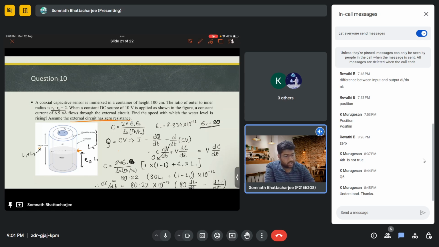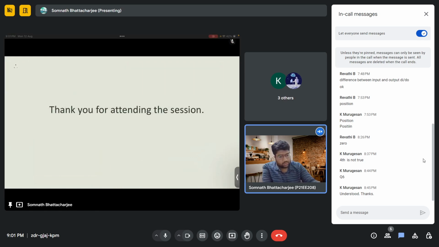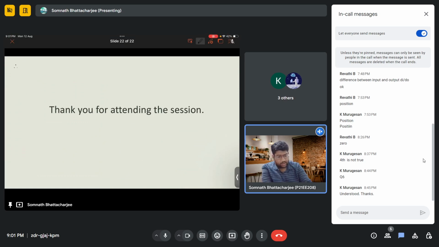So we'll move towards the next page. So here what we can write, that dc by dt we have found out that is 80.22 into 10 to the power minus 12 into 79 into dl1 by dt, right? Now, we need to know the change in water level, right? So how to measure the change in water level?